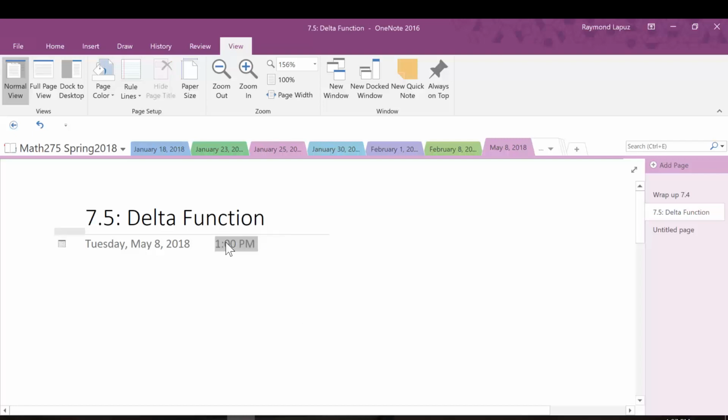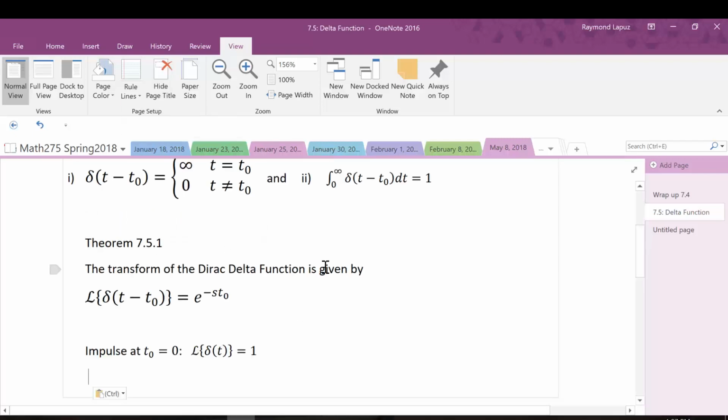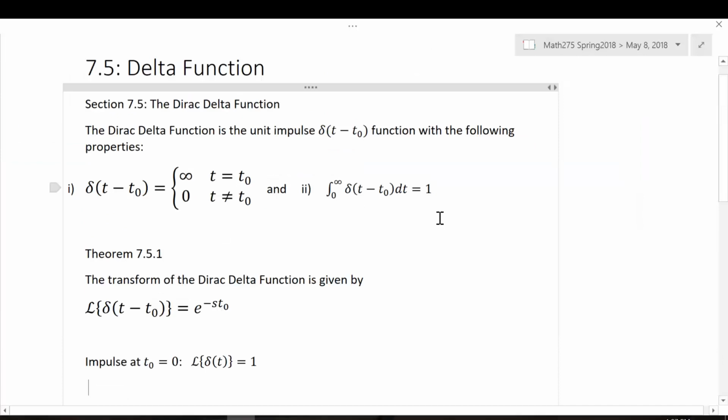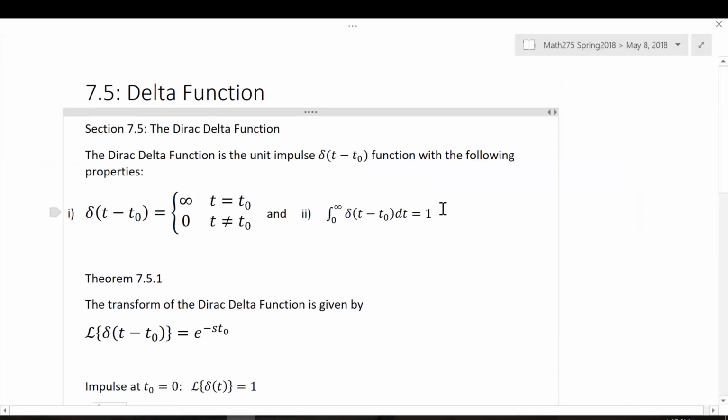So the Dirac delta function, sometimes known as just the delta function, is a special type of function that for sure we can't solve for these differential equations using some of the other techniques that we've known, because this is a special type of function that the Laplace transform is built to be able to handle. So let's start by defining the delta function.